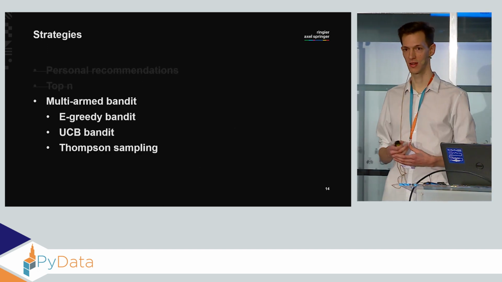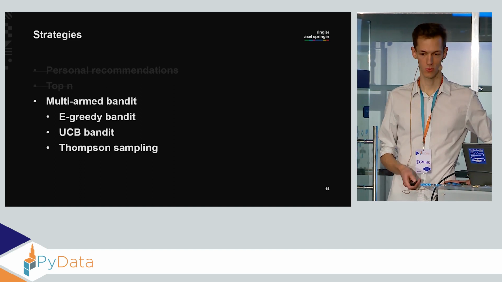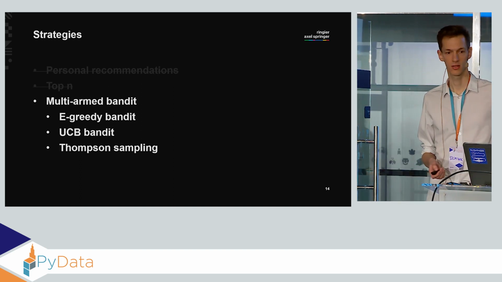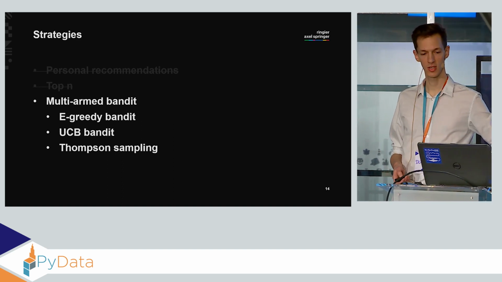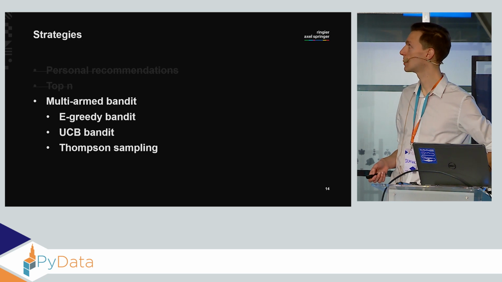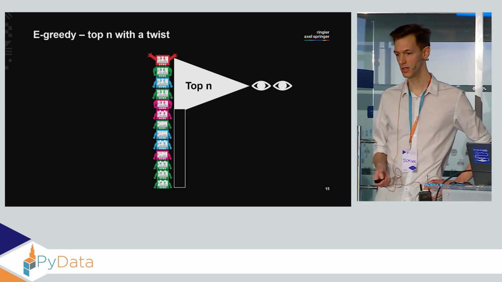Now that we have formally defined our problem, we can focus on some specific solutions to this problem. In increasing complexity, these are epsilon greedy bandit, UCB bandit, and Thompson sampling. Starting with the simplest one, which is epsilon greedy.